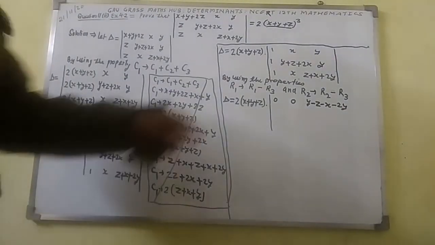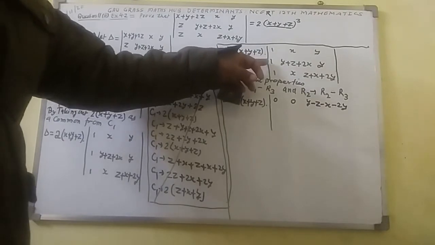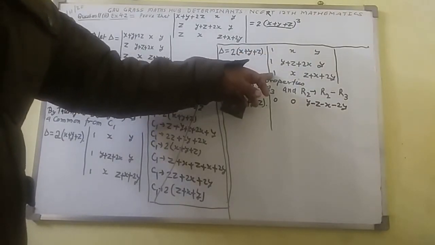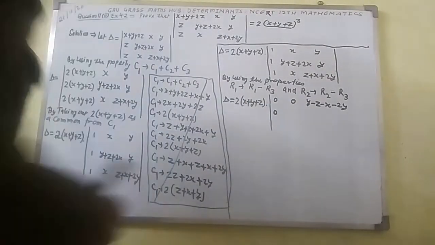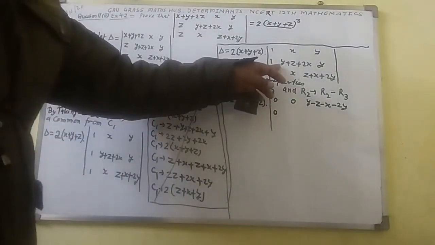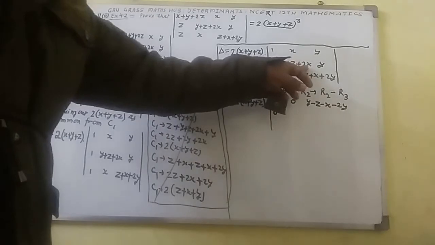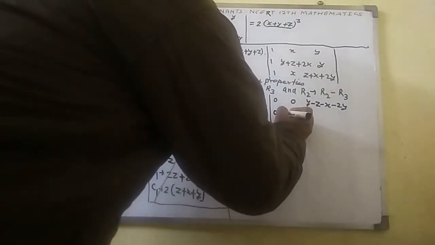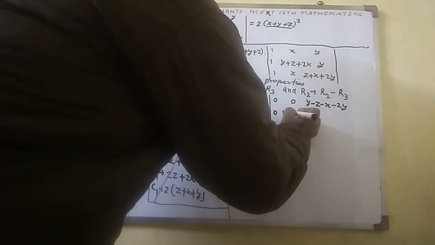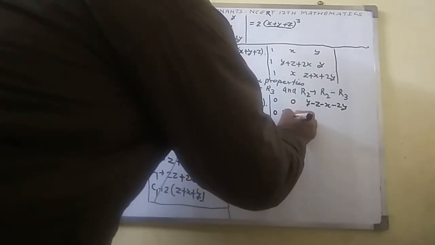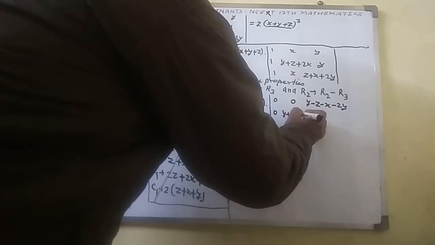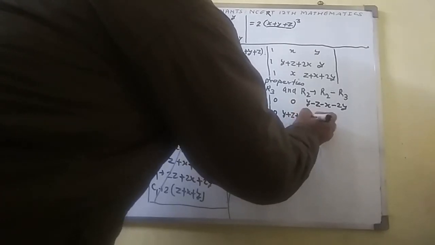So if I take the element of R2 as 1 minus R3, here R3 is 1. So 1 minus 1 you will get here 0. And here y plus z plus 2x. So here write y plus z plus 2x minus x.